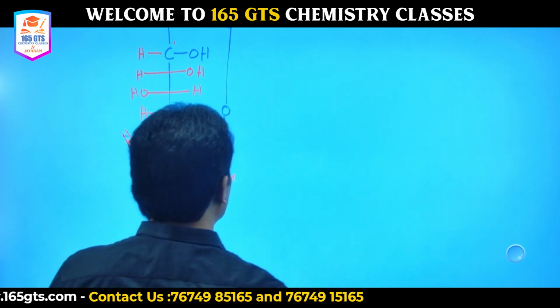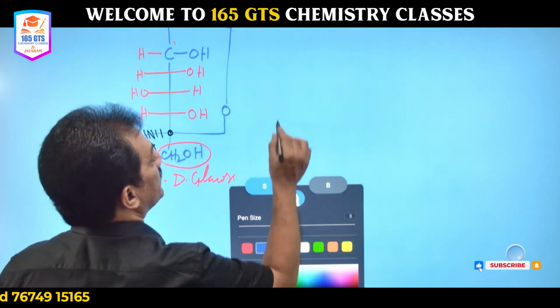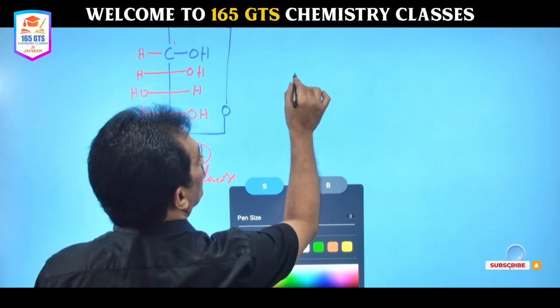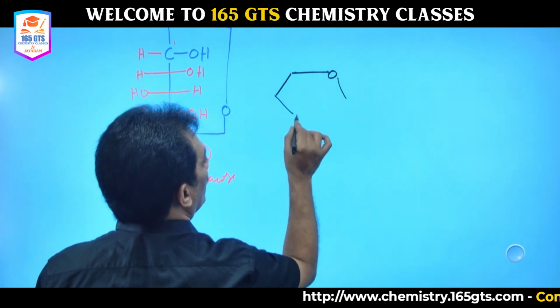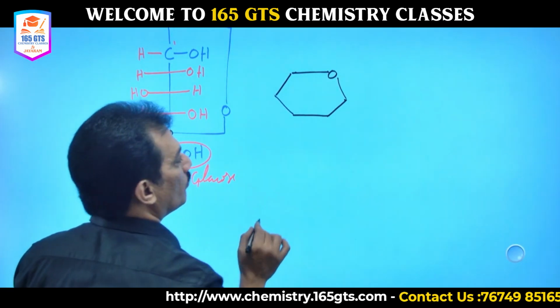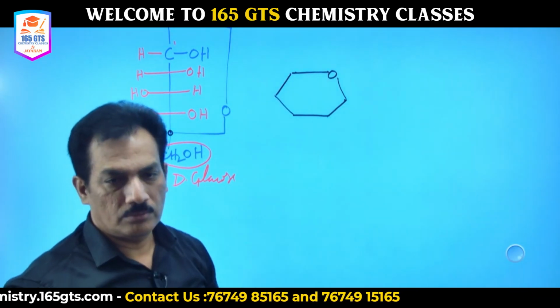And in the Haworth structure, where the pyranose structure is given, it is written like this: O, and 5 carbons, 1, 2, 3, 4, 5, and 1 oxygen.